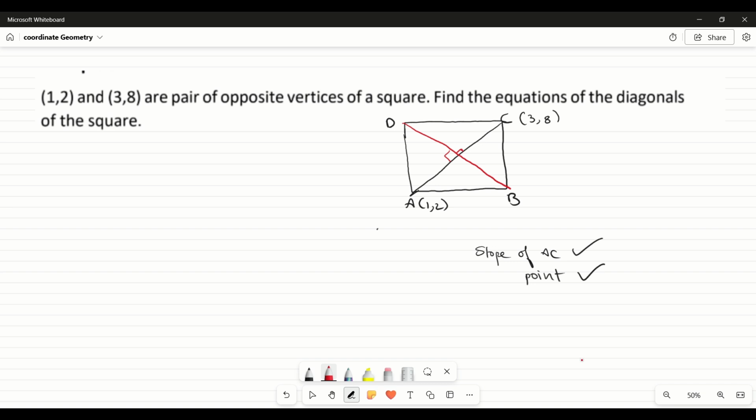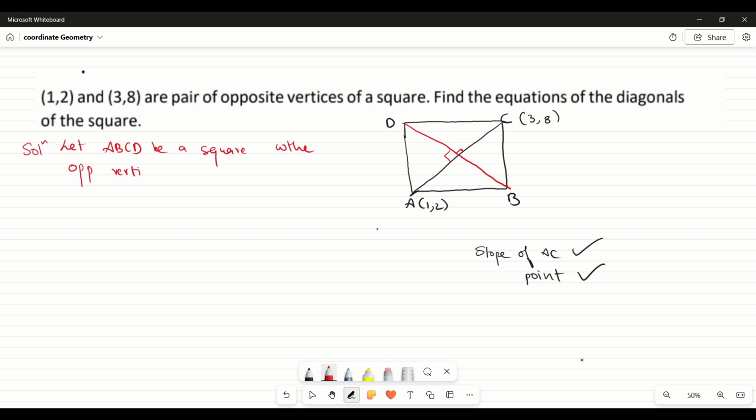As we know the property of a square, the diagonals bisect each other at 90 degrees. BD is also a line, AC is also a line, two lines making 90 degrees. That means we have a relation between their slopes, right?